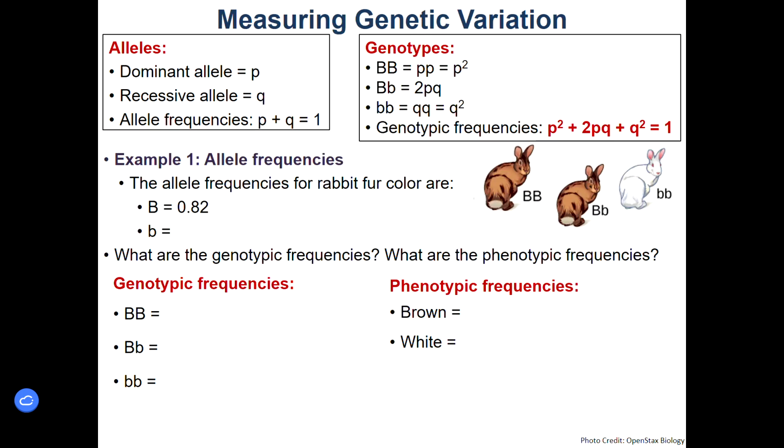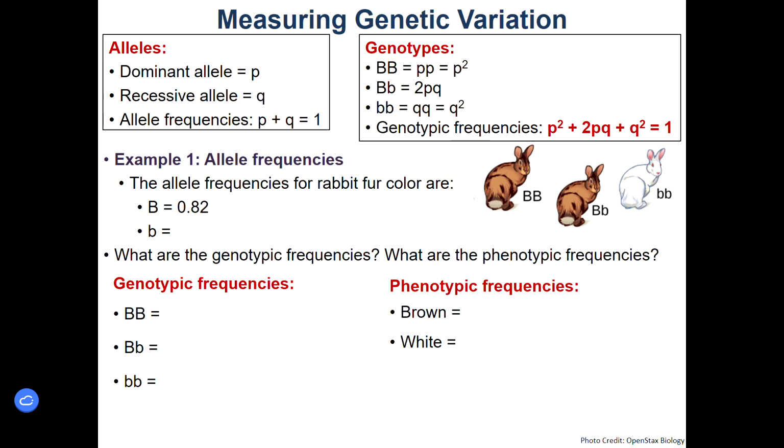So we're going to do a practice problem. Yay! Still with our bunnies. And just a reminder, this is just from the last slide: what these different things mean, what P and Q mean, what our equations are. So I'm giving you an allele frequency. We know in our population of rabbits, this is our fur color.